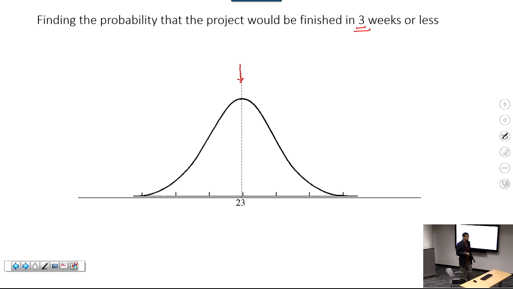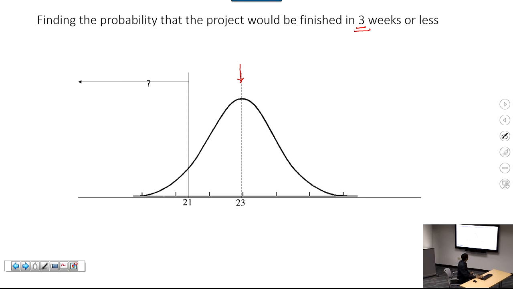So 3 weeks means how many days? 7 days times 3, it means 21 days, right? So the expected time 23 is distributed by a bell curve, and we want to find the probability that the project would be finished in 21 days or less. So we want to find that area of the bell curve.